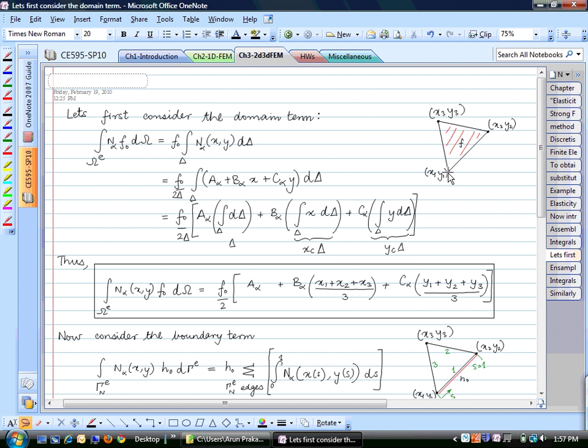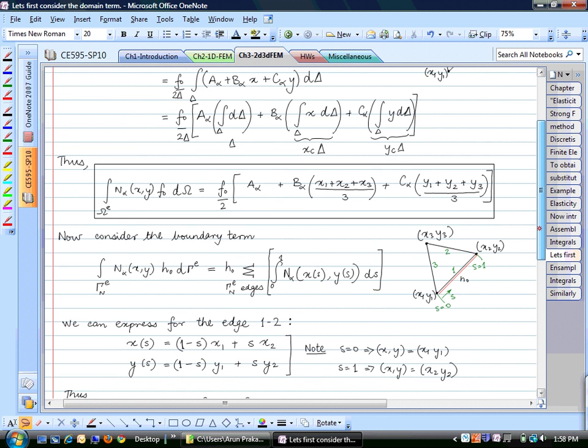So for example, if somebody gives you the coordinates of 3 points, x1, y1, and so on, and they give you the material properties and what is the F force, or sorry, the heat flux in this case, that is acting on the domain of the triangle, then using the coordinates and the F, you can write out an explicit expression for each component of your element force vector. Okay.